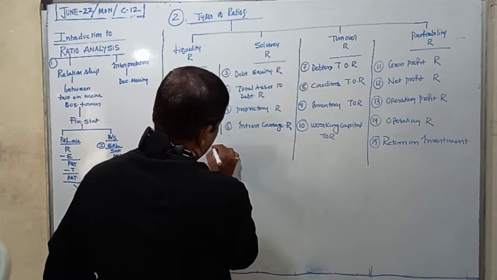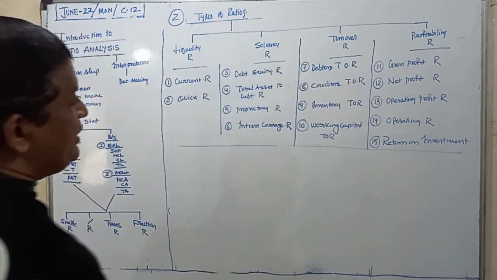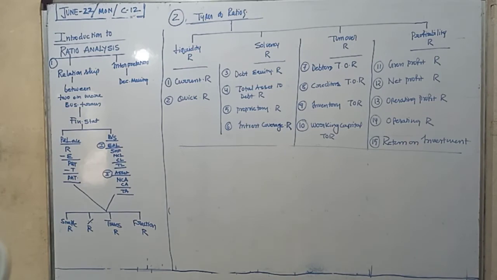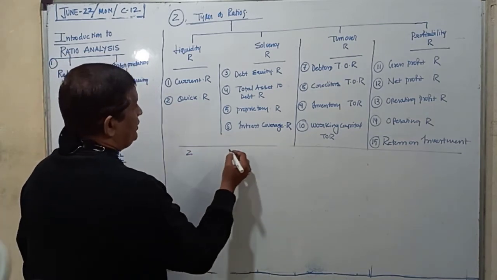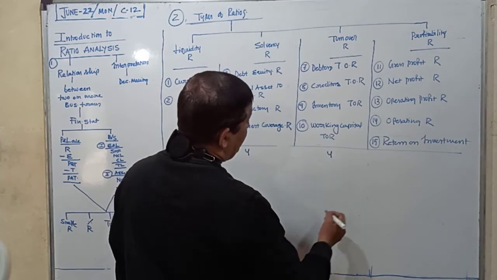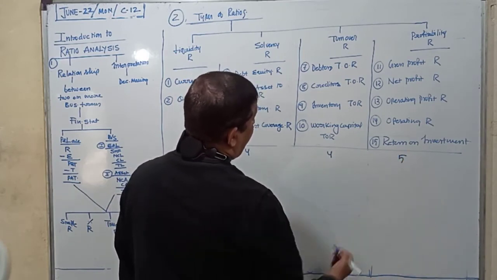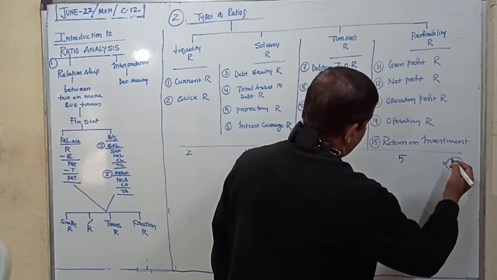So like this, these are the ratios which are there for our syllabus. So totally we have 2 liquidity ratios, 4 solvency ratios, 4 turnover ratios, 5 profitability ratios, all put together as 15.